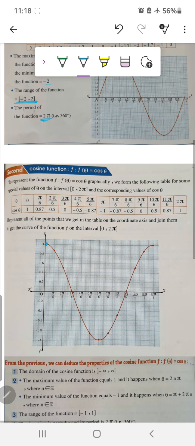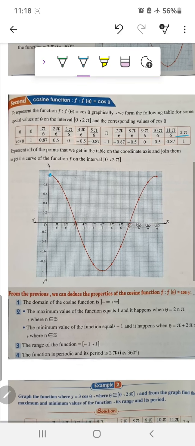Okay, what did you notice? We noticed that the curve intersects the x-axis at 90 degrees and 270. Okay, so here we have 90 and 90 which is 180, 90 and 90 which is also 180, which is 2 pi.